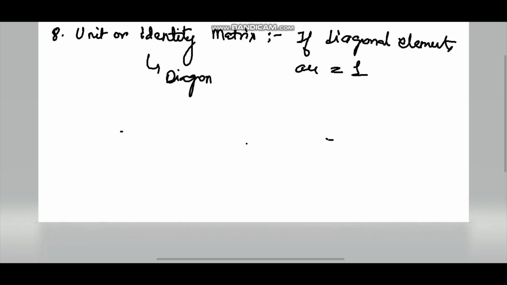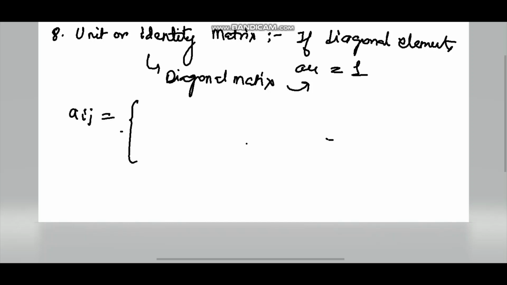A diagonal matrix is said to be a unit or identity matrix if its diagonal elements are equal to 1. Again I am repeating, a diagonal matrix is said to be an identity matrix if its diagonal elements are equal to 1.